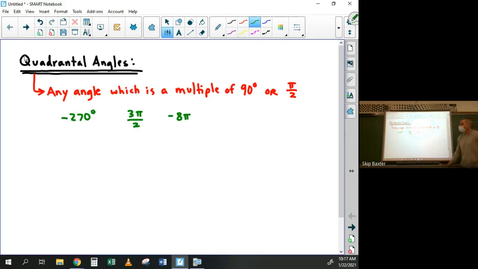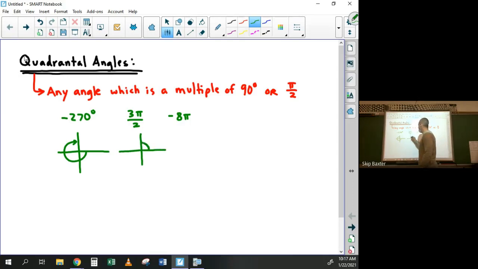They're called quadrantal angles because if you were to graph them in standard form, negative 270 ends up right on the border of quadrant 1 and 2. 3 pi over 2 ends up right on the border of quadrant 3 and 4. Negative 8 pi is 4 complete rotations, and it ends up right on the border of quadrant 1 and 4. Okay, that's why they're called quadrantal angles.